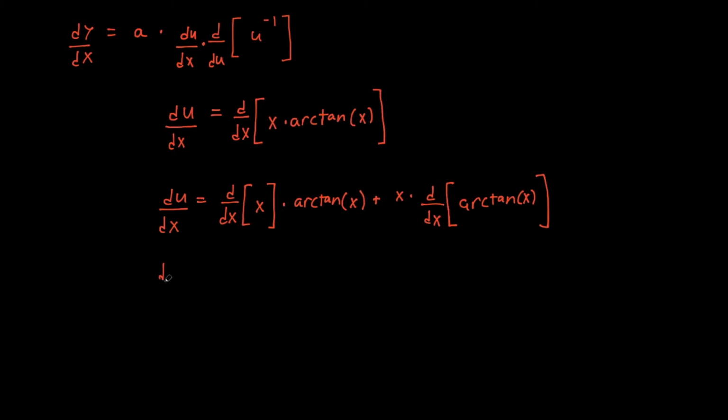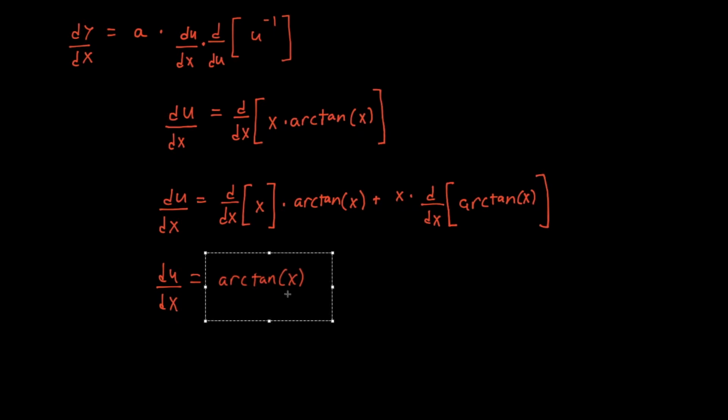So du dx is going to equal, the derivative of x is going to be equal to 1 times arctangent of x. And we can actually get rid of that 1 coefficient. Doesn't matter at this point.